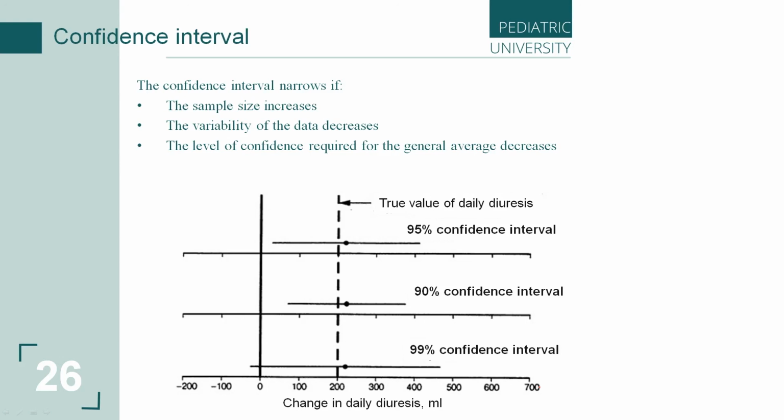In the example in the figure, we see the narrowest 90% confidence interval. This means that there is a 90% probability that the general average will fall somewhere in this interval.